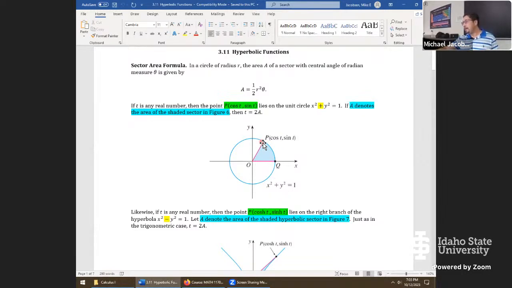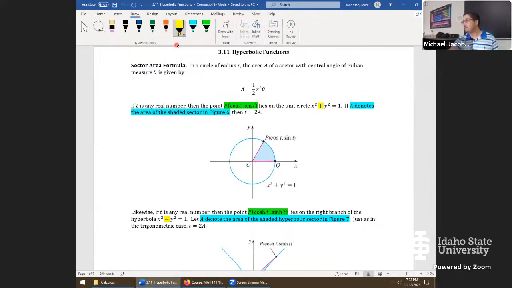Then at this point right here, we'll have a value of t, and twice the area of that sector right there would be the value of t. The reason to mention that is it works the same way for hyperbolic functions.